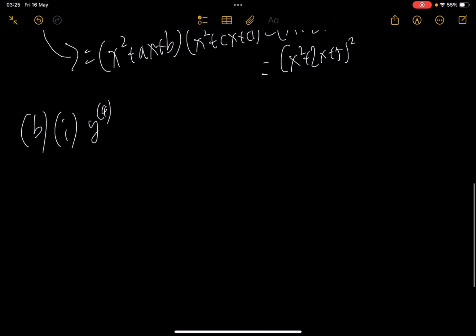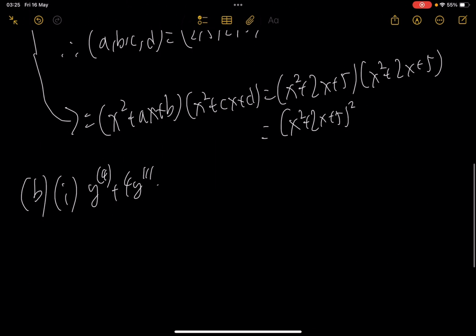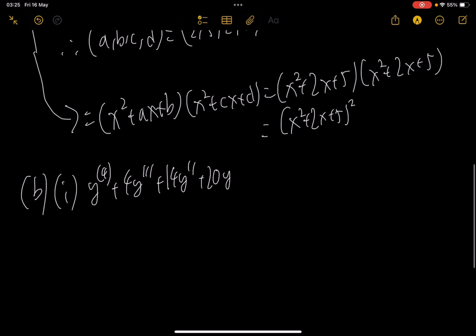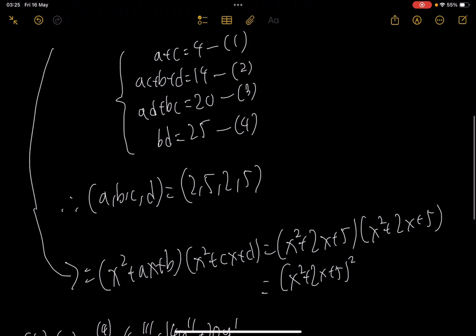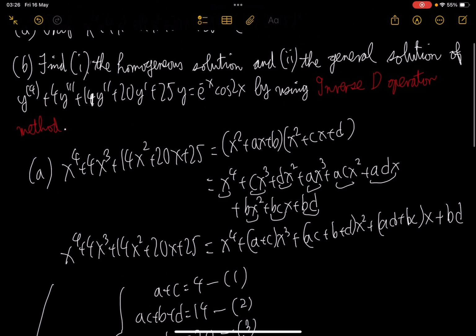Then plus 4y triple prime, plus 14y double prime, plus 20y prime, plus 25y.